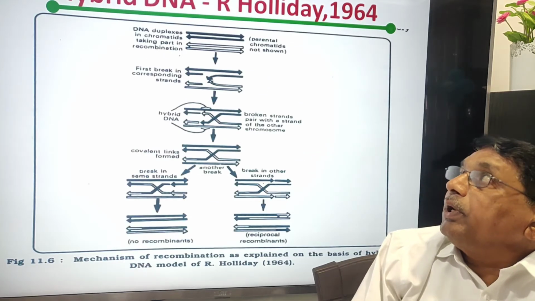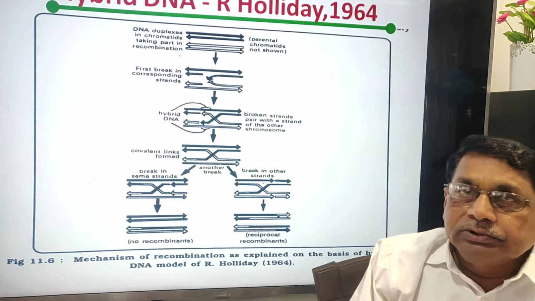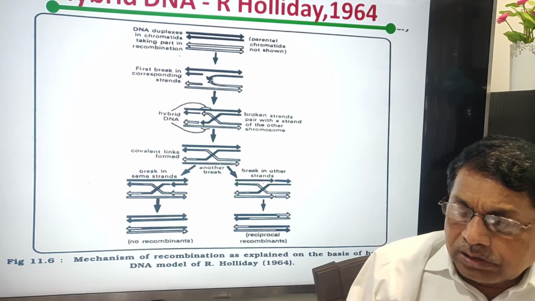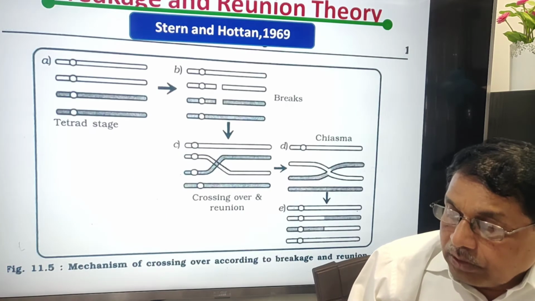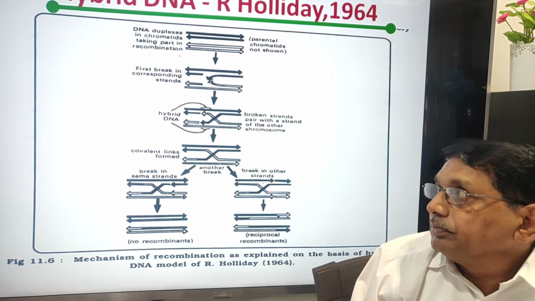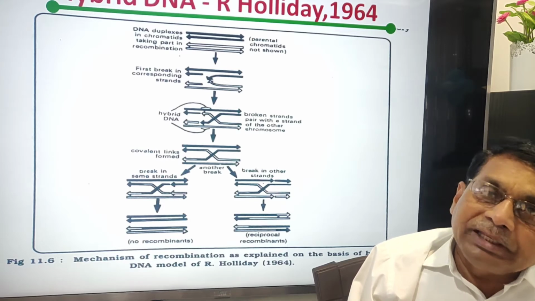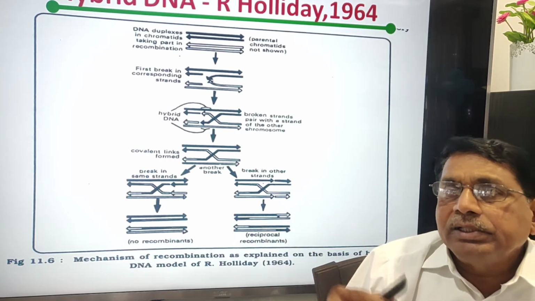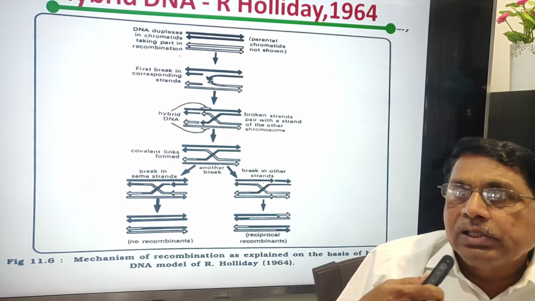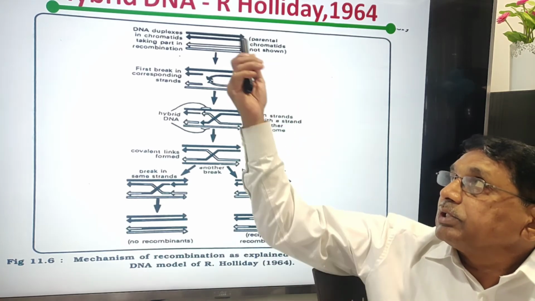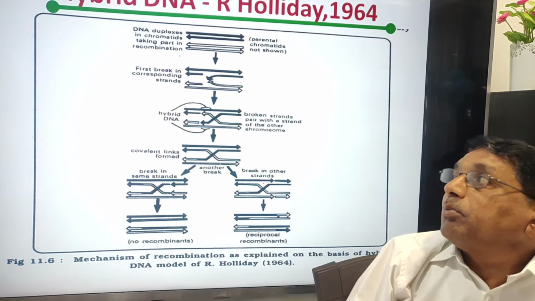Then hybrid DNA, Holliday model. This is similar to this, but the only thing is it is at the molecular level, DNA level. There it is chromosomal level, here it is DNA level. At a molecular biology level, this is a very important aspect, the Holliday model.